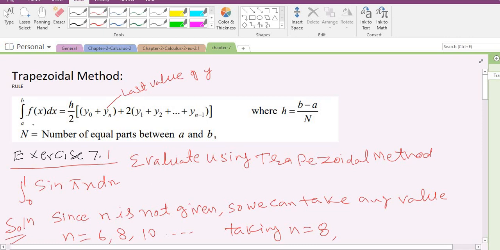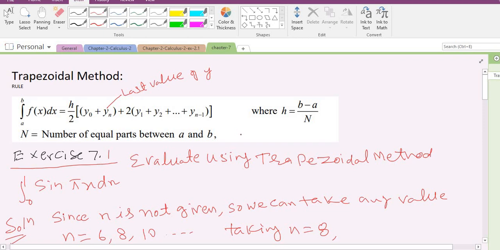As per my explanation, if n is given, then you have to do accordingly. But if n is not given, then you can use n equal to 6, 8, 10, whatever.